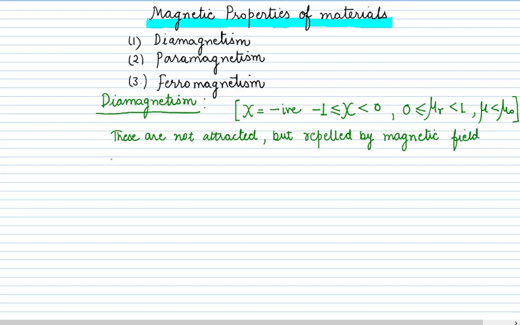And if you keep them in an external magnetic field, then they move from stronger to weaker field.